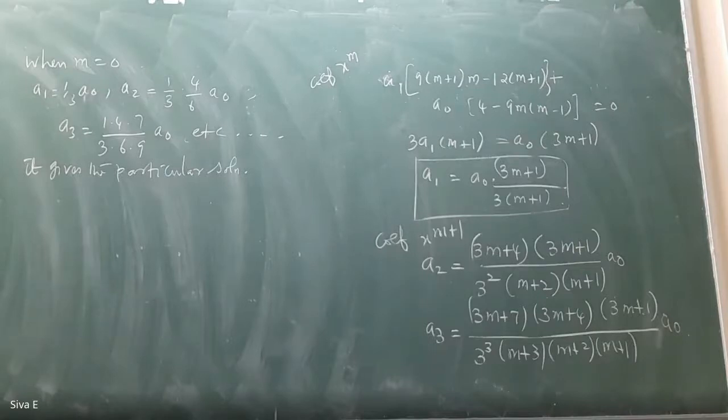So what is y here? y is a naught x power m plus a1 x power m plus 1 plus a2 x power m plus 2, etc. Here we are finding that a naught, a1, a2.